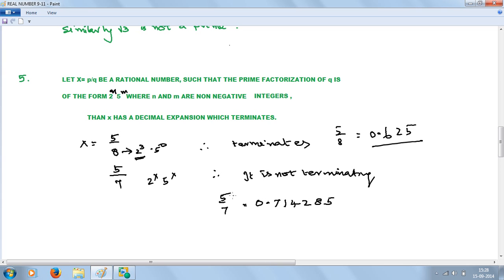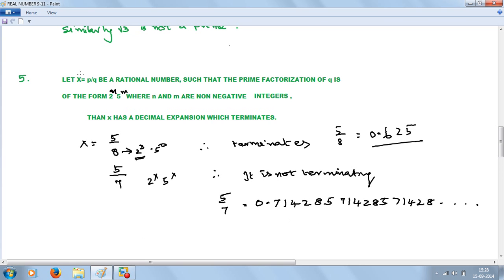So again it comes to 50, so this will repeat. After this, it will again be 7 1 4 2 8 5, 7 1 4 2 8 5. It repeats itself. Please try to check this.